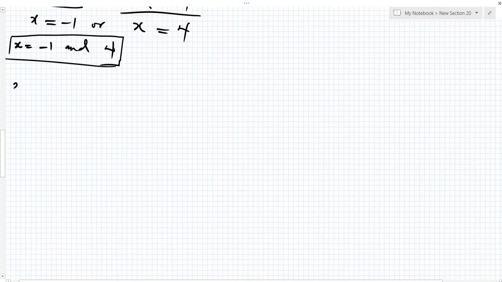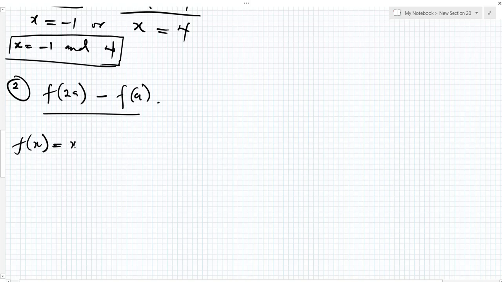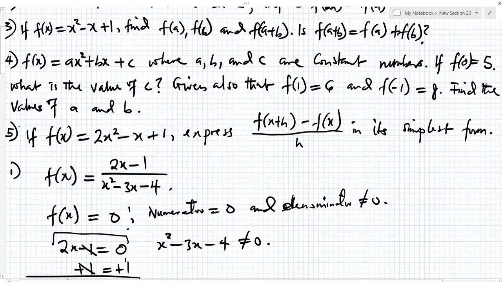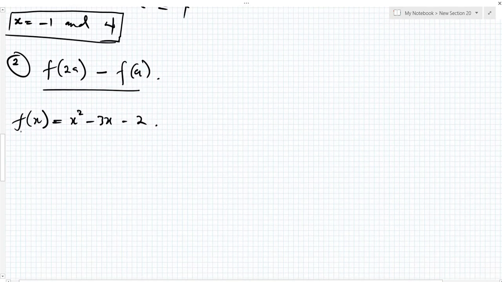So the second question, you have f of 2a minus f of a. They say you should express f of x, which is equal to x squared minus 3x minus 2. Let me see if it is what was given. Okay, that is it. So express this in terms of a.